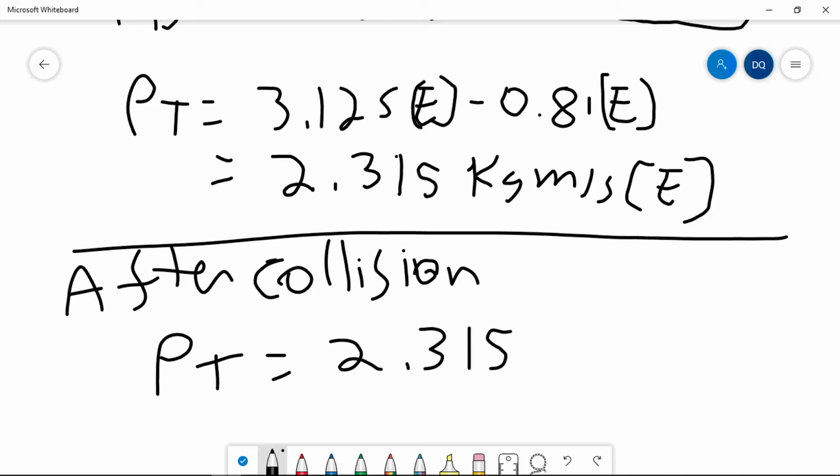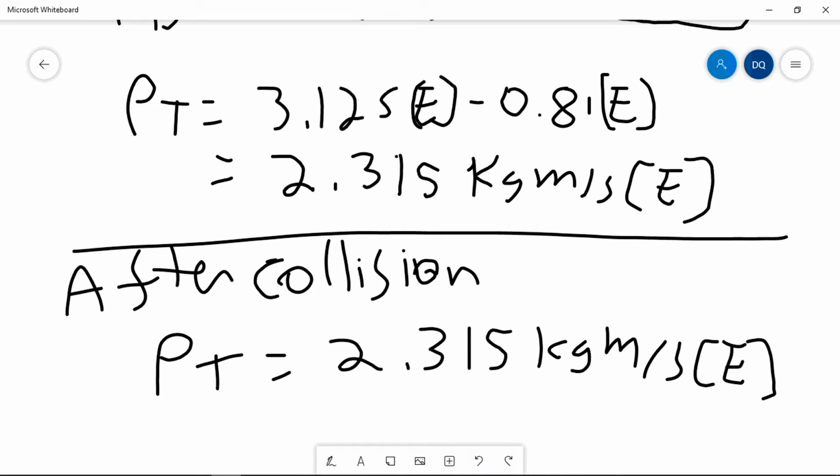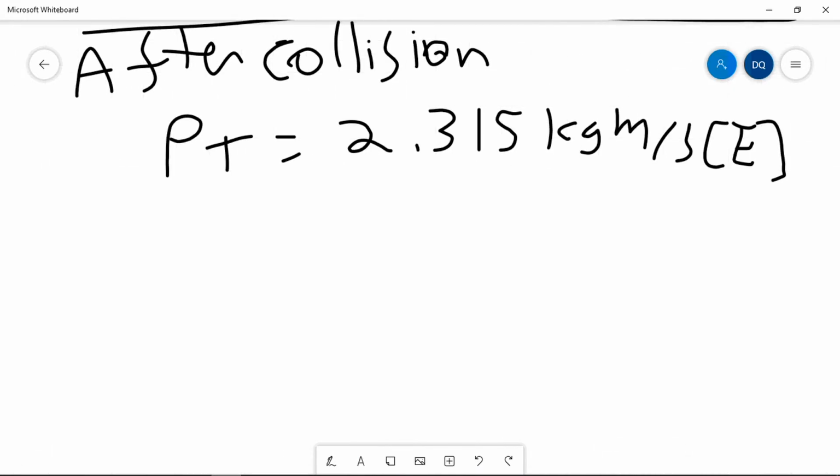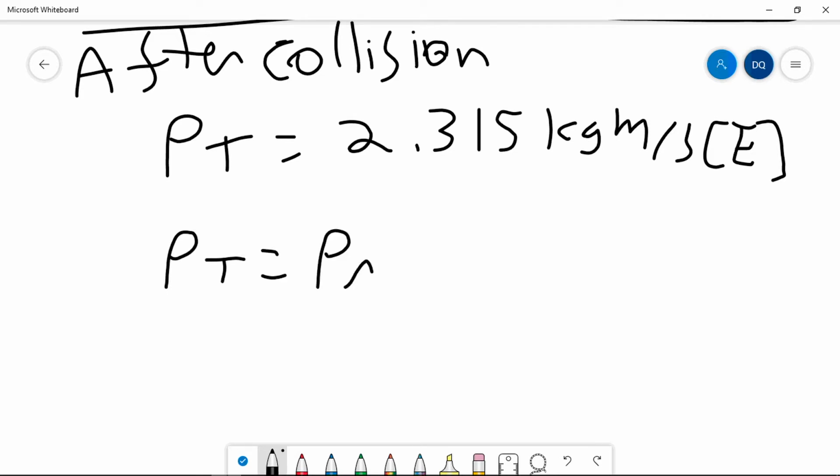So after the collision, we have 2.315 kilogram meters per second east of momentum. And the total momentum is going to be equal to the sum of the objects involved's momentum. So that means the total momentum is the momentum of ball A plus the momentum of ball B after the collision.